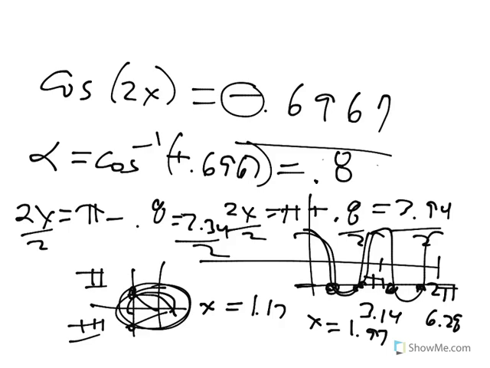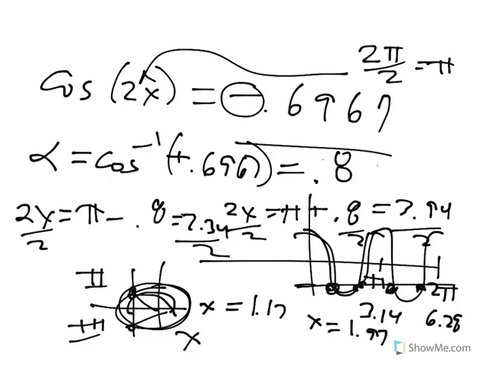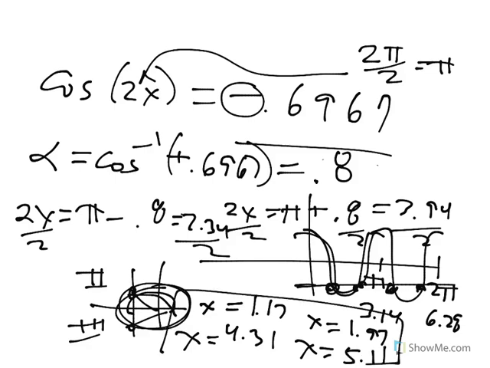But I also want these two answers, so I have to add on the period. The period is 2 pi over 2 because of this 2 here, which is pi. So I have to add 3.14 to both of these answers. And I get 1.17 plus 3.14 is 4.31, and 1.97 plus 3.14 is 5.11. And those are 4 answers.